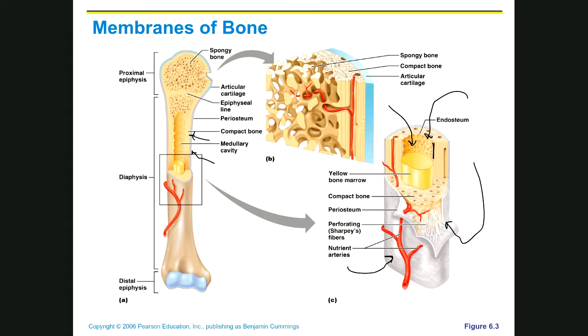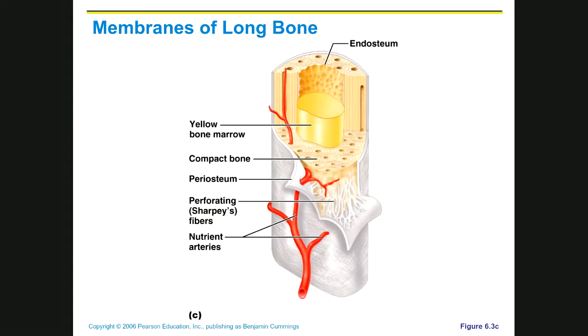That's on the inside. And so when we look at these membranes, they're either the periosteum, peri means around, so this is on the outside, or the endosteum, and endo means inside.